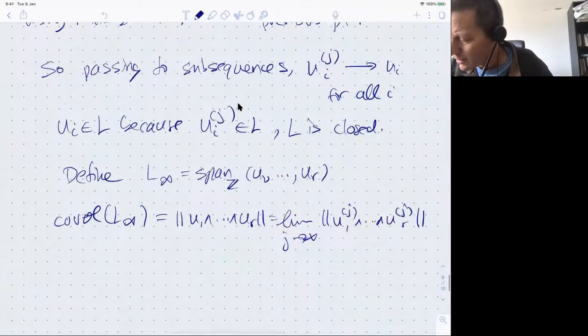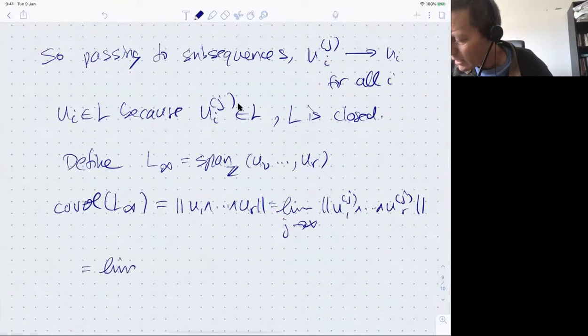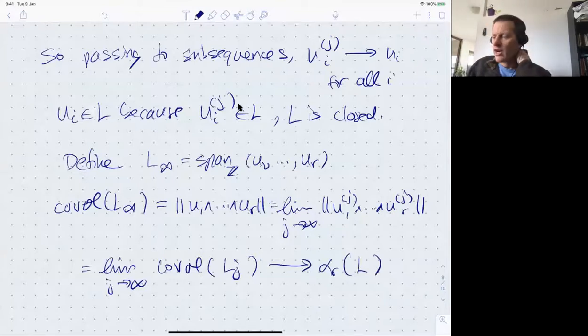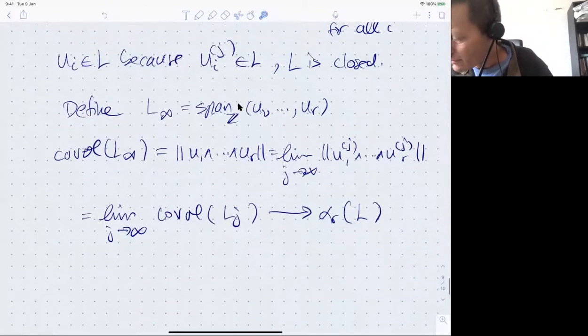And this is exactly the covolumes. And so we've constructed a particular rank R subgroup of L, which realizes this quantity. So the minimum is attained.